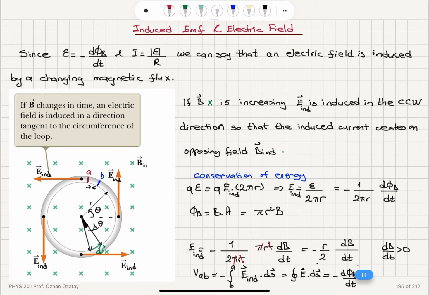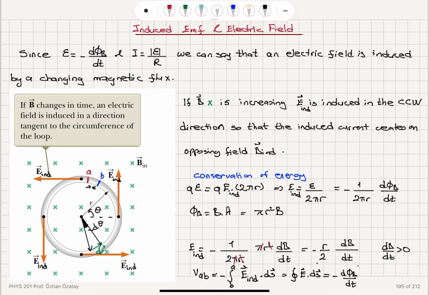Okay, so if the magnetic field is pointing into the page and it's increasing, the induced electric field is in the counterclockwise direction, so that the induced current is in the counterclockwise direction, creating an opposing magnetic field that is going to be pointing out of the page.